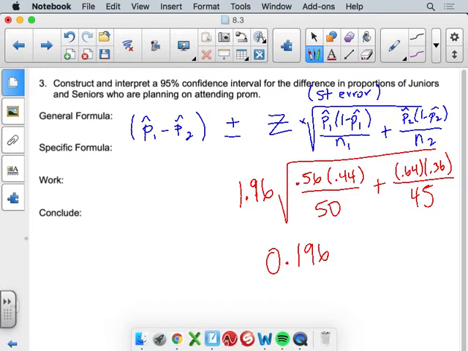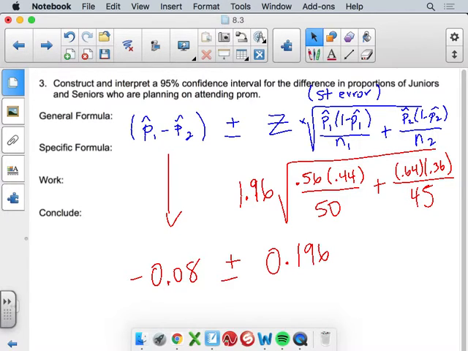That is my margin of error. So I need to plus or minus that much from our p hat, which was negative 0.08. So I need to plus and minus that value.